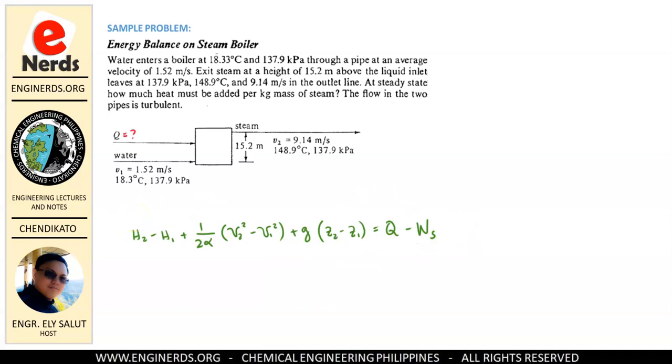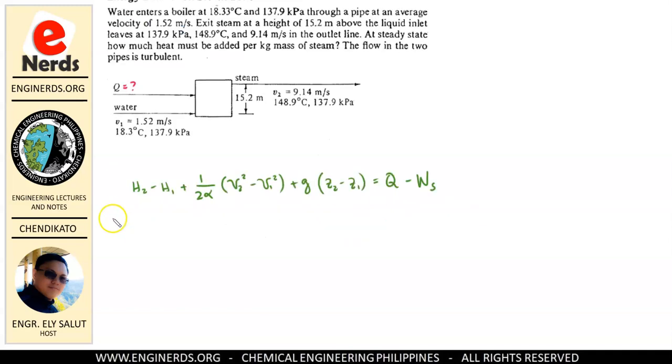Okay, so we need to take note that our flow is turbulent. So therefore, if our flow is turbulent, our alpha is equal to 1.0. Diba? Tulad ng napag-aralan natin kanina. Now, we are only adding heat dito sa ating system. We do not have shaft work tulad ng pumps or turbines.